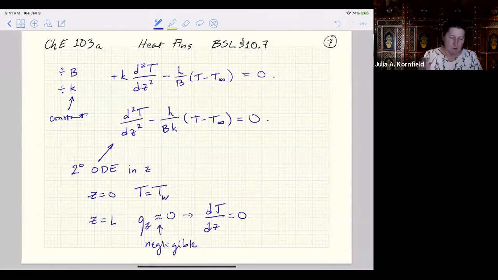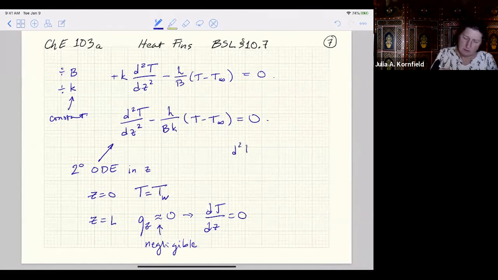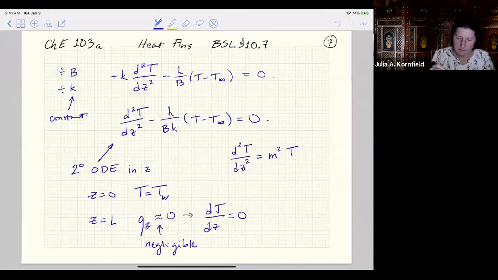Okay, so we have this second order ODE, we have our two boundary conditions. We look at the structure of the differential equation, and it reminds us of something where you would have a second derivative equals some coefficient squared over here times that function itself.